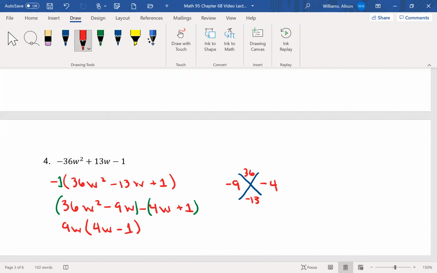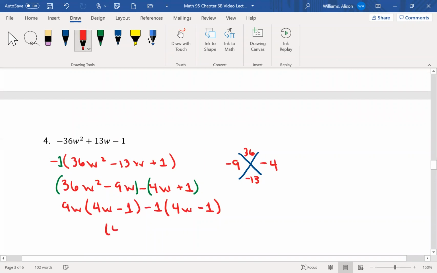In the second group, I can't really factor out anything. I can factor out a negative. So I can factor out a -1 because that leading number is negative. That's going to leave me with 4w, and that's going to change this to -1. So there's our blob: 4w minus 1 times 9w minus 1.